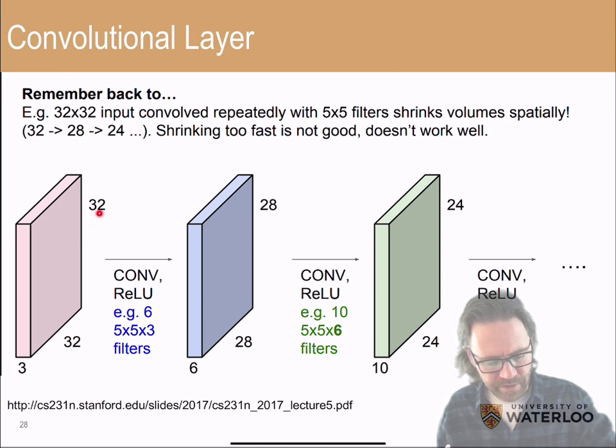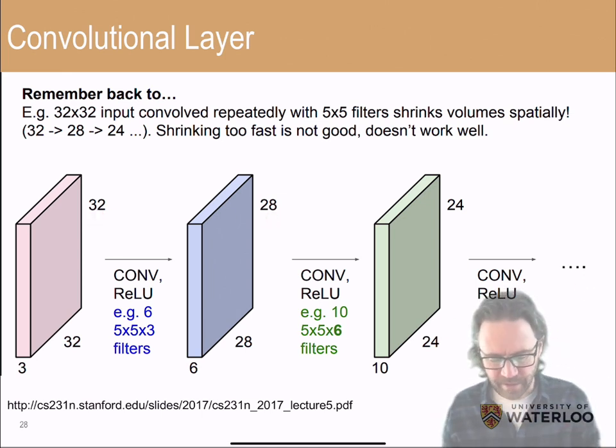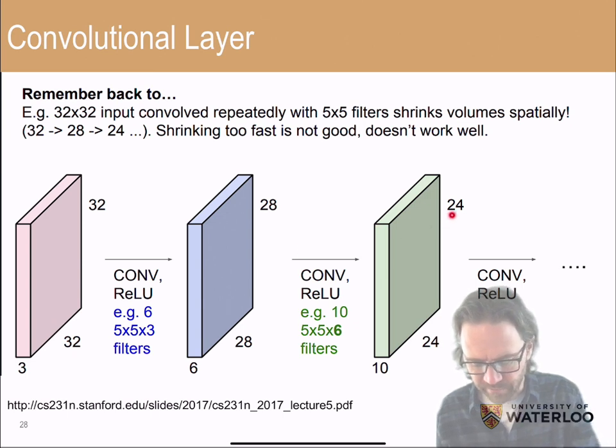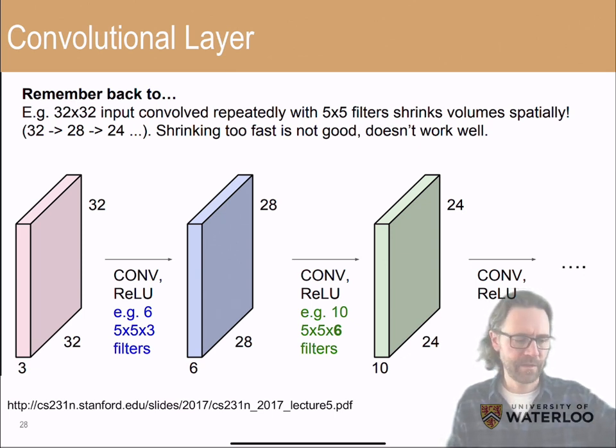So you go from 32 by 32 to 28 by 28. You're losing 4 pixels on all sides. And if you do that again, you're going to go down 4 pixels again on each dimension, so 24 by 24. So shrinking too quickly is apparently not very helpful. I don't have much experience in this field, but this is what I've been told by other people who use convolutional layers quite a lot in their networks.